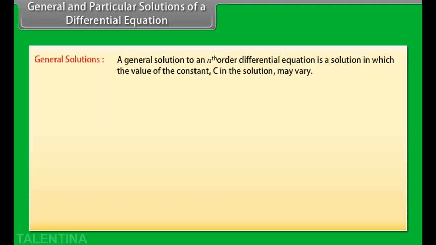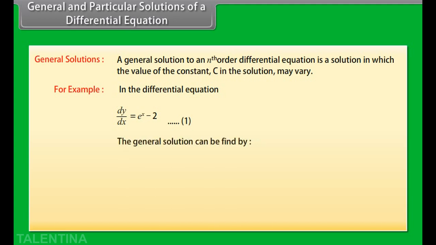General and particular solutions of a differential equation. General solutions. A general solution to an nth order differential equation is a solution in which the value of the constant c in the solution may vary. For example, in the differential equation dy by dx equals e raised to the power x minus 2, name it as 1.